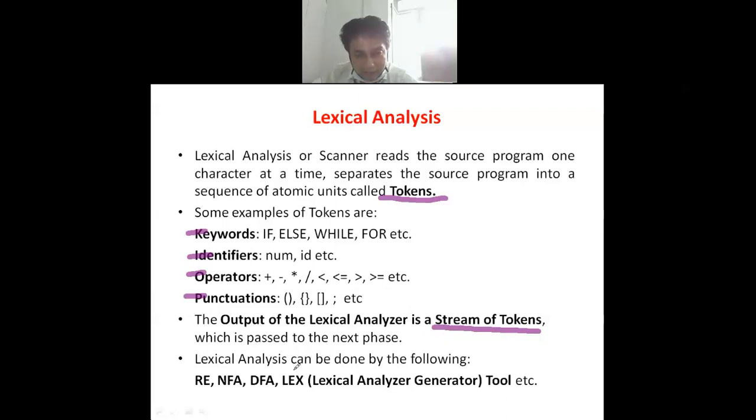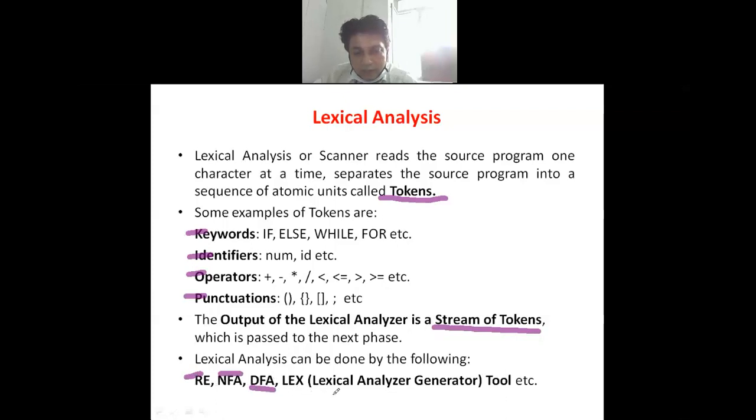The lexical analyzer can be built using regular expressions, non-deterministic finite automata, and deterministic finite automata, which you already studied in your theory of computation, in unit 1, in finite automata.